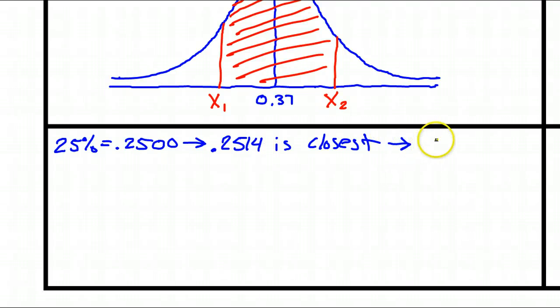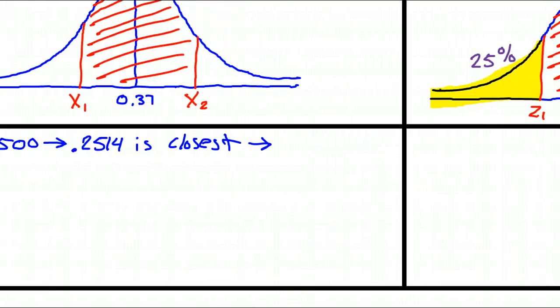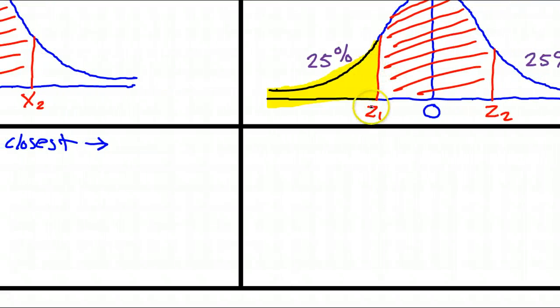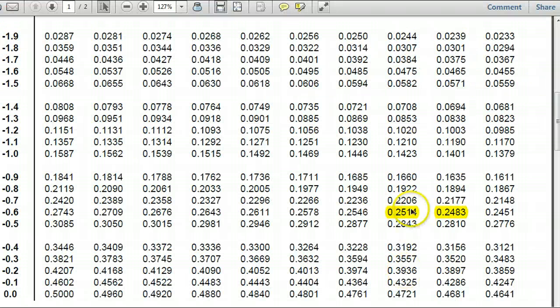Let's find out what z-score this gives me. Remember, we're doing the 25%, which is left of z1. So we are finding z1 right now. We had decided this was the number we were going to use, so look to the left.